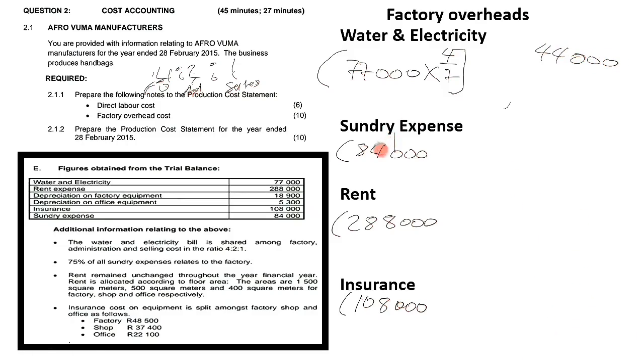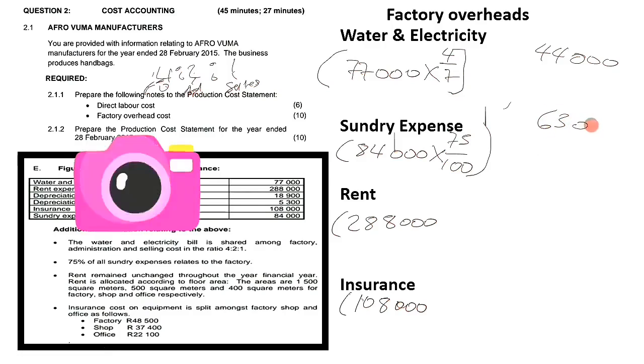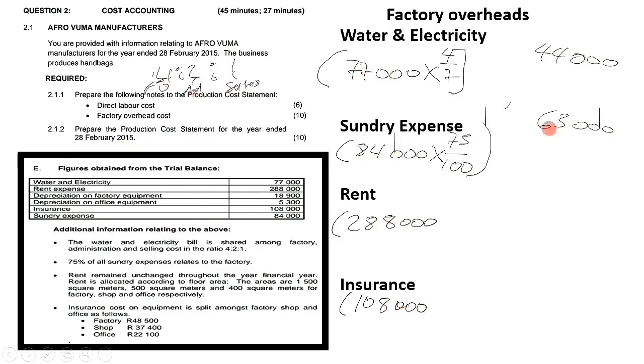And then we move on: 75% of your sundry expenses relates to the factory. So only 75% of this 84,000 must be allocated to factory overheads, meaning our sundry expenses are going to be 63,000. Now, rent remained unchanged throughout the financial year. The rent is allocated according to floor area.